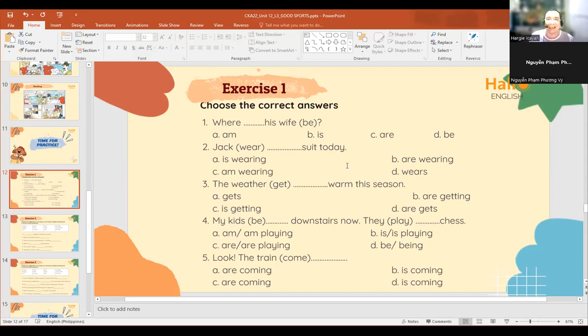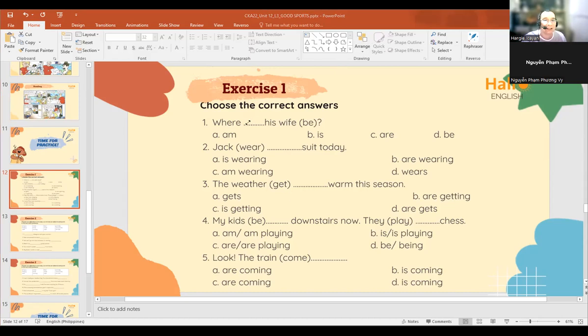So we're asking, what is the correct be verb? V, what do you think would be the correct be verb that we can put in there? Is.